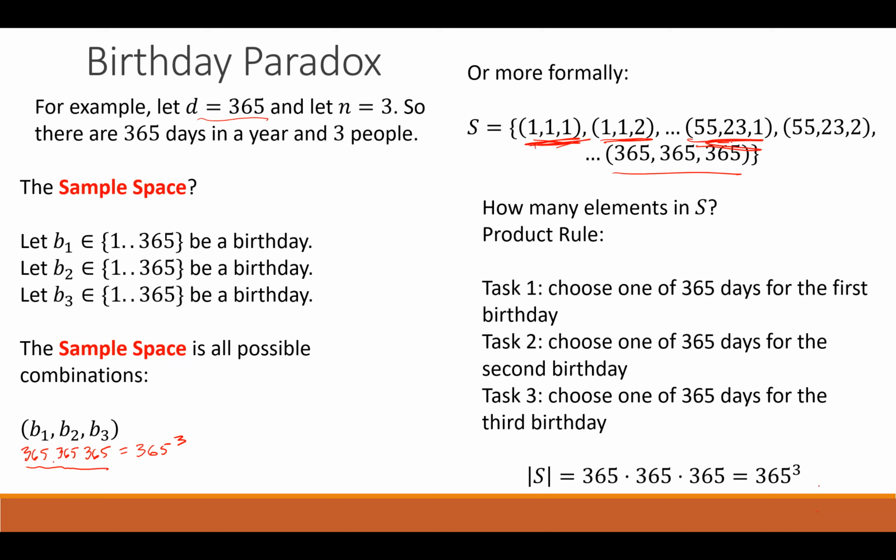So when I perform my experiment now, I have my three people. They each have a birthday on some day, and that corresponds to one of these triples of three numbers, right? So this 55 is, what is it, February 25th, 24th, or something like that.